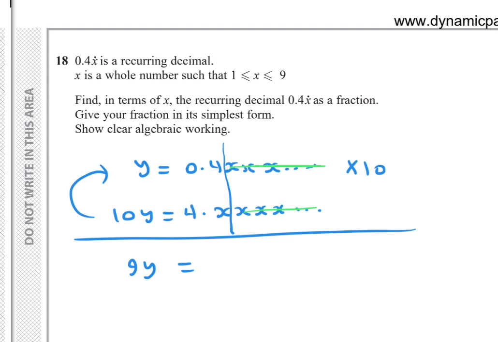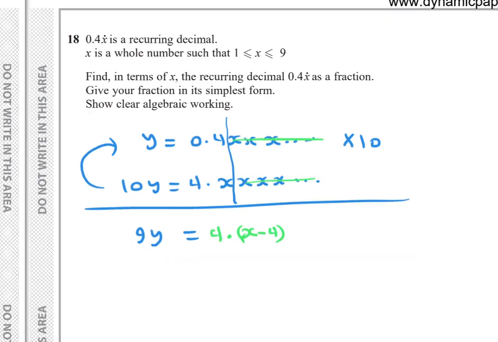So 4.x minus 0.4 equals 4 point, and this digit will be x minus 4. Or we can write as a fraction, 4 and (x minus 4) over 10, equals 9y.